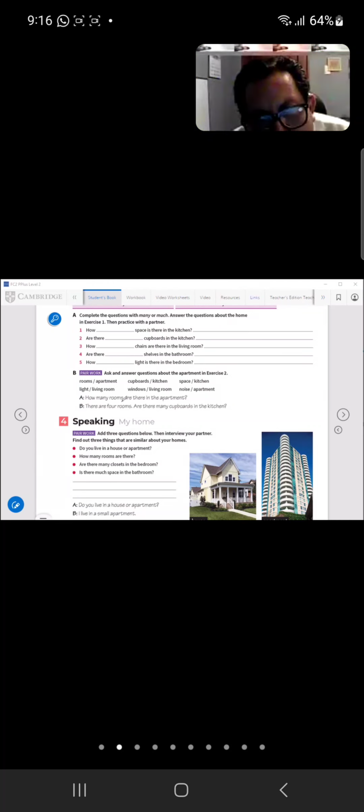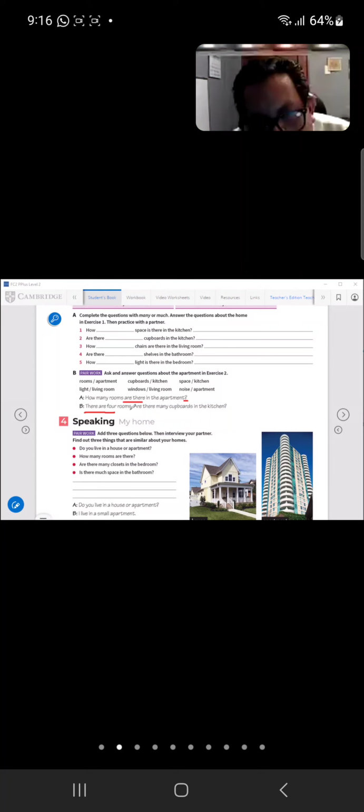So it's opposite because it's a question. There are four rooms. So if in our question we have are there, we answer with there are 4 rooms.